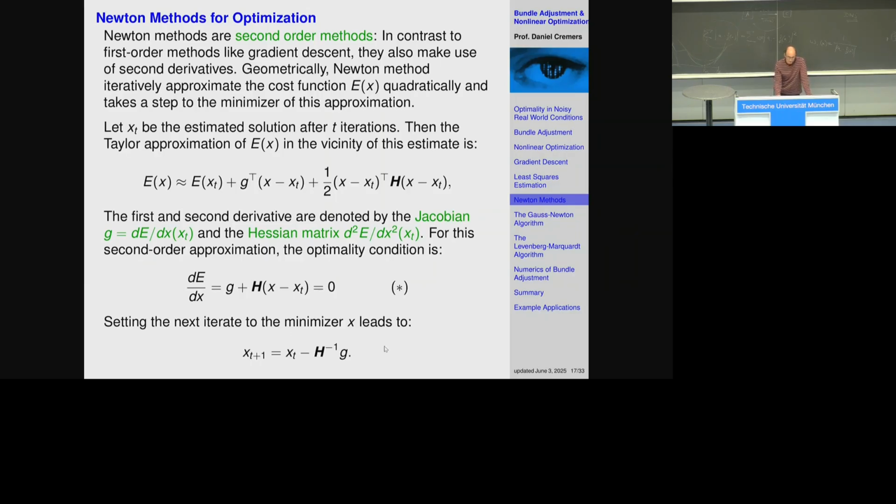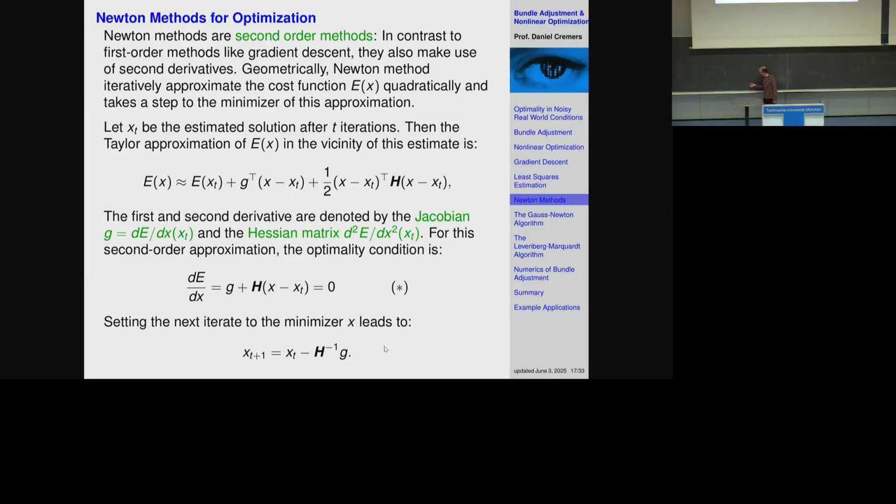And this is typical for the Newton method. It tends to work really well and is very fast, provided that first of all you can actually compute the second derivative, that's something you need, and secondly, once you're in the basin of attraction, in this kind of convex setting, then it will typically converge very fast.